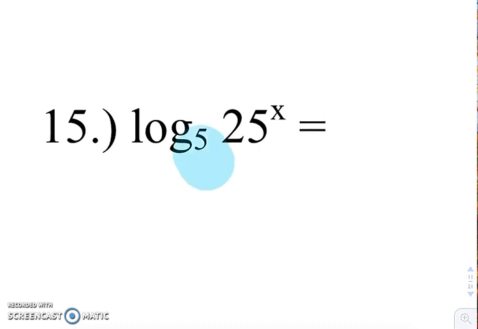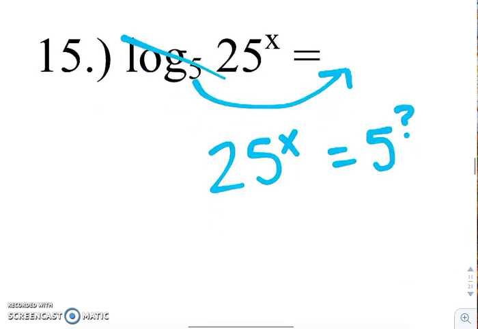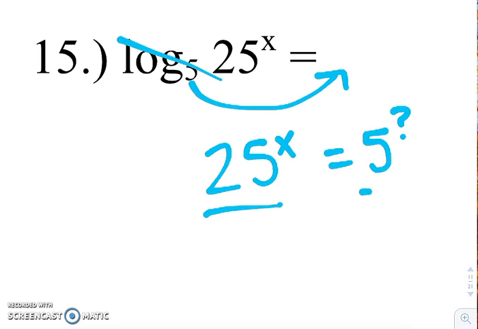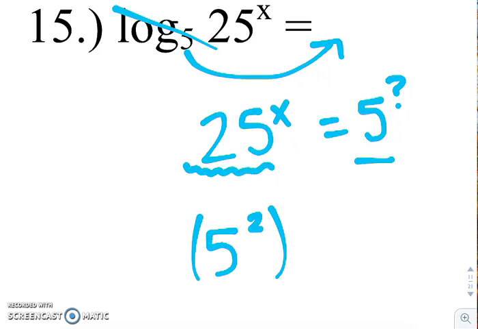Now for 15, we can rewrite this as 5 to what power equals 25x. Well, if they're not the same bases, can we rewrite that side so that it does have the same base? If we rewrote 25 with the base of 5, 25 is the same thing as 5 squared, correct? 25 is 5 squared, but that x is still there.